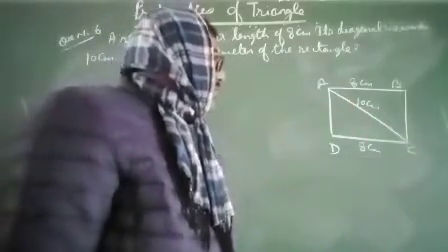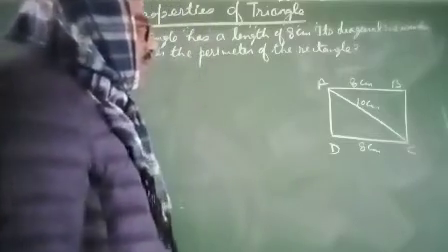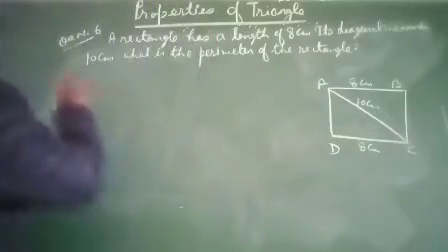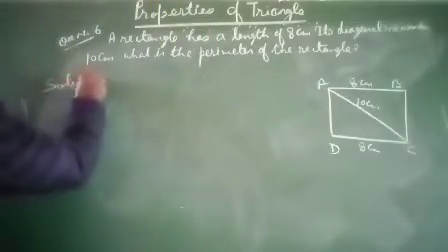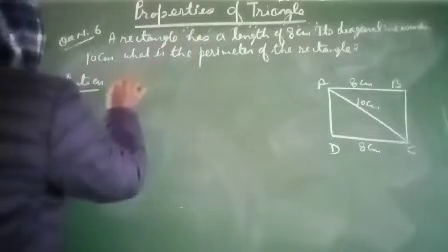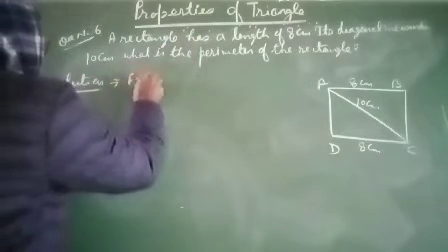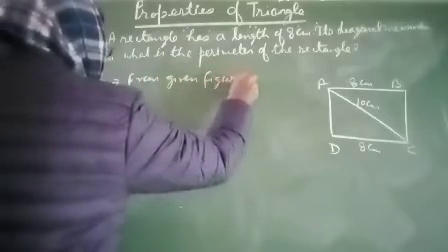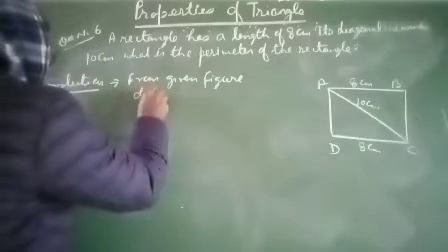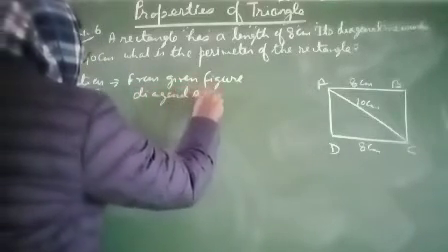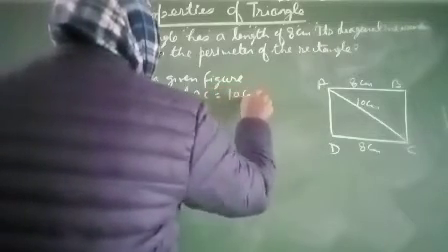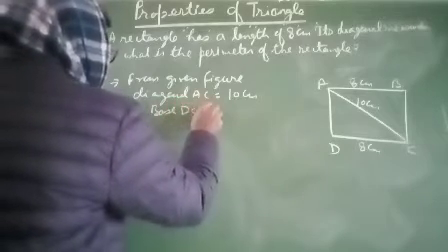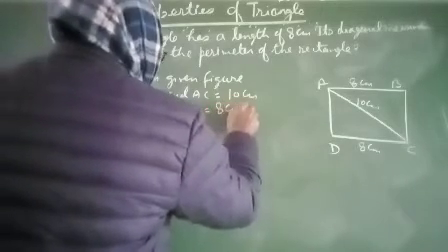Apply Pythagoras theorem and we can find out the breadth of the rectangle. From the given figure, diagonal AC equal 10 cm, base DC equal 8 cm.